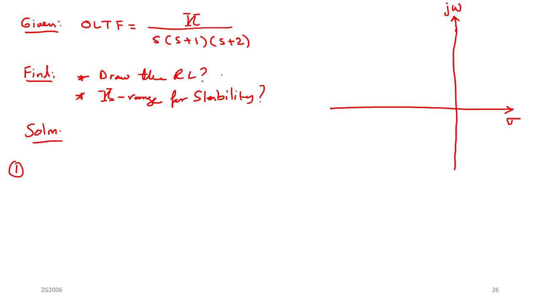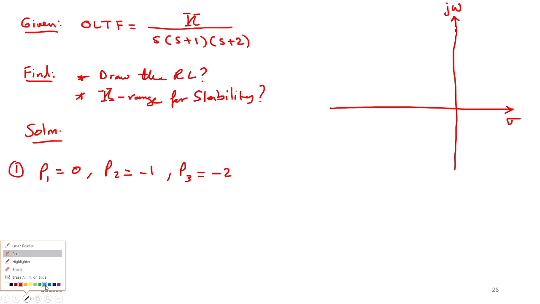We have only poles. What are the poles? Start from the largest: P1 is 0, we have a pole at the origin. P2 is -1. P3 is -2. Now you go to your coordinate system.